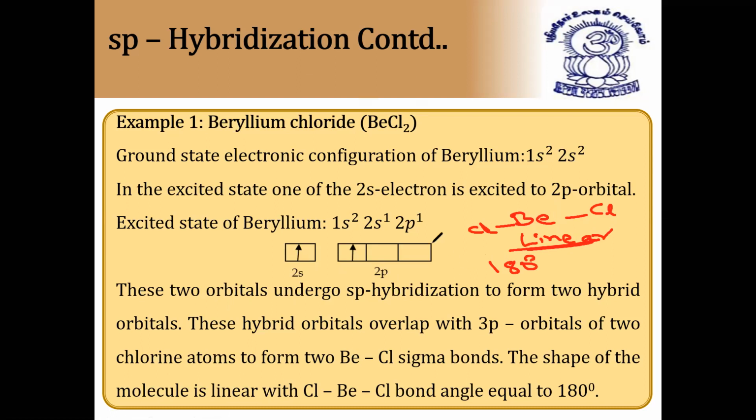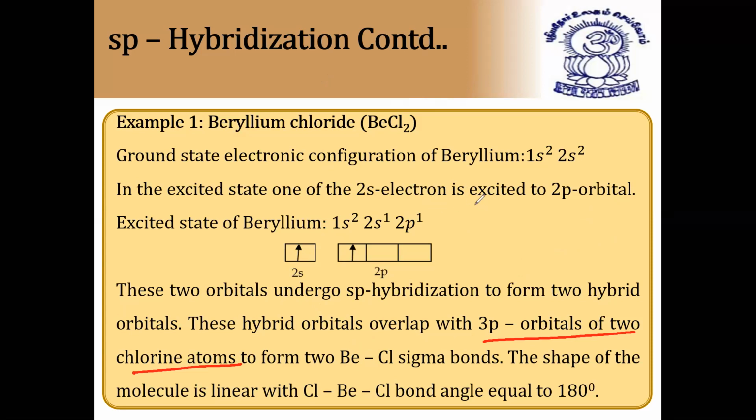So sp hybridization is a type of hybridization in which one s orbital overlaps with one p orbital, resulting in the formation of two equivalent orbitals, meaning of almost the same energy. These two equivalent orbitals overlap with the 3p orbitals of two chlorine atoms. Why 3p orbitals?